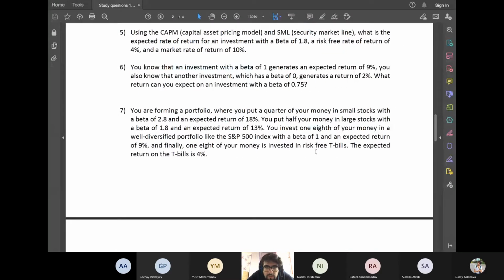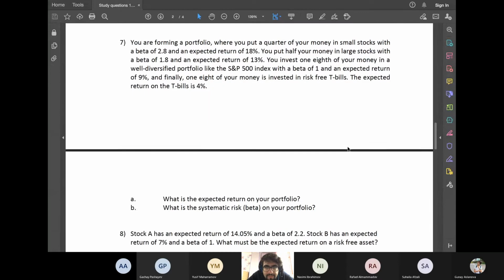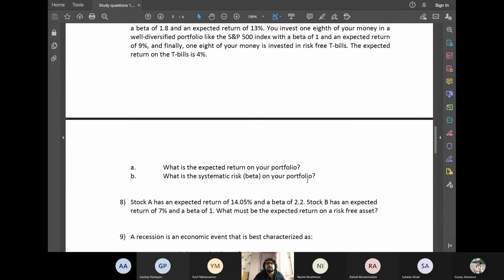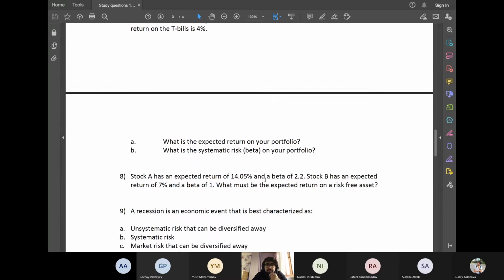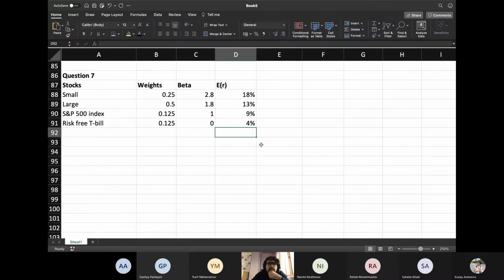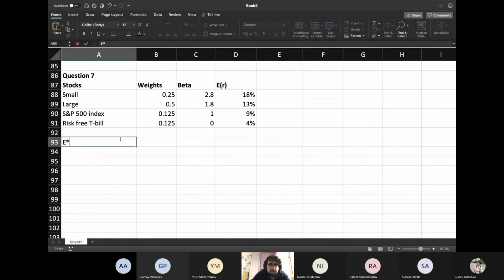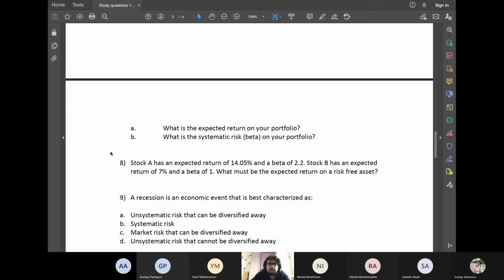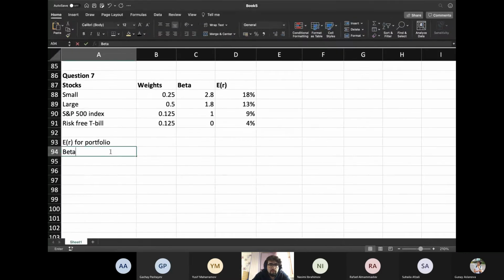What we are required to do: expected return and systematic risk, or beta, for the portfolio.